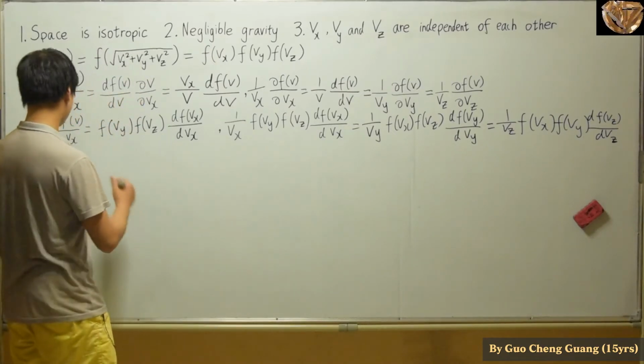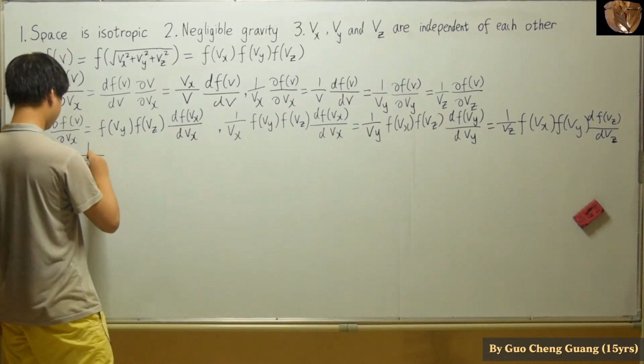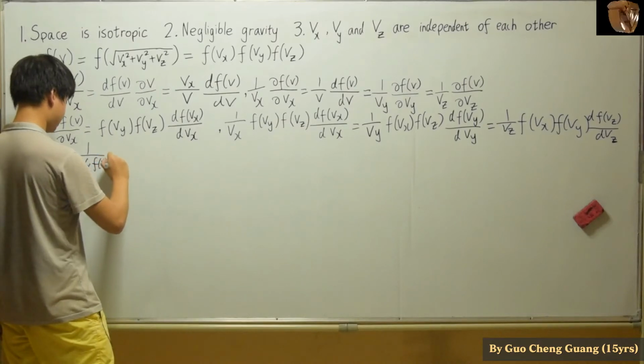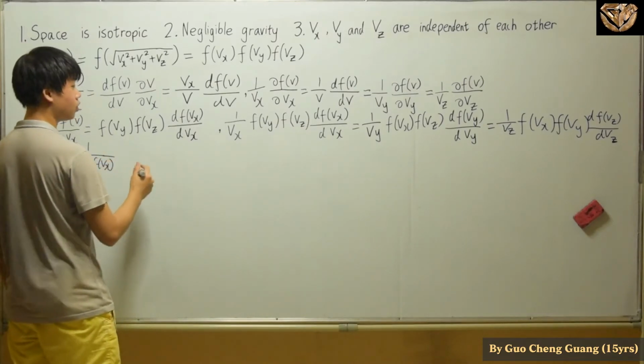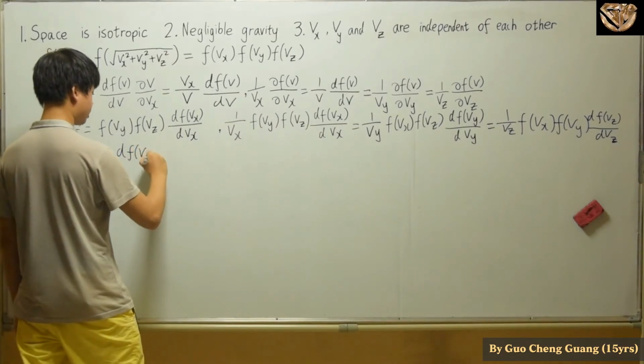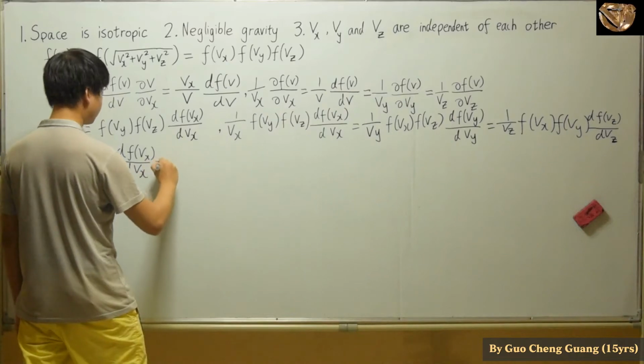So that means you are going to see 1 over Vx f(Vx), then here is df(Vx) over dVx.